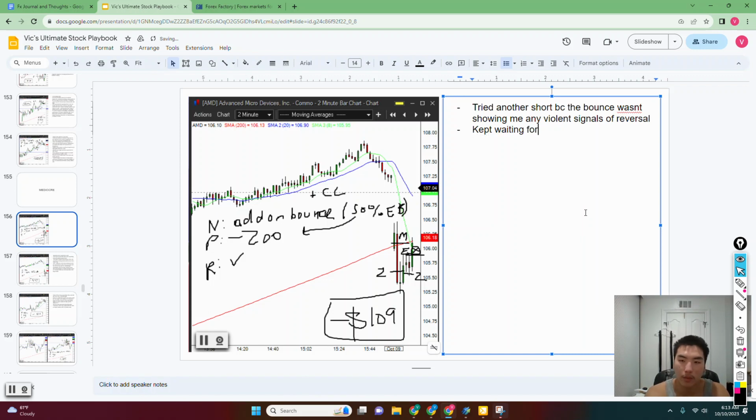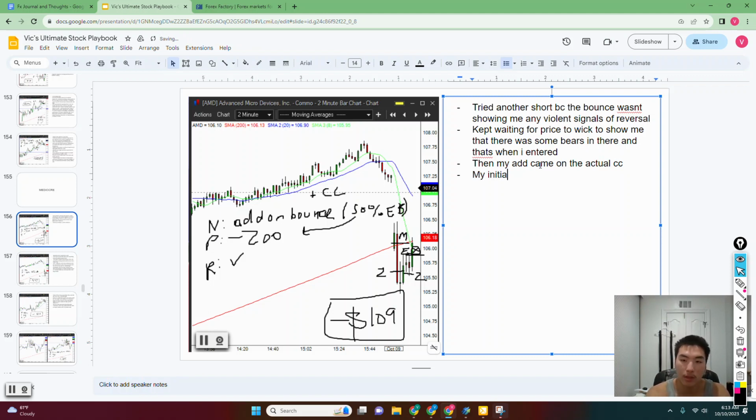Kept waiting for price to wick to show me that there was some bears in there, and that's when I added. Then my second add when I entered. Then my add came on the actual color change.